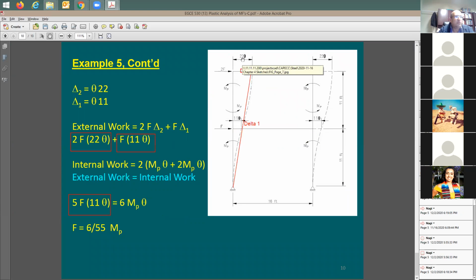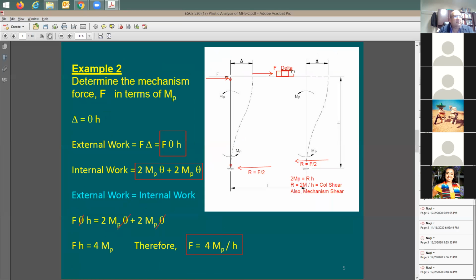The displacement here is going to be 22 theta. Now, you don't multiply by 2. You don't say I have 2 columns, because it's going to be one displacement, very similar to this concept. It's true that when you look at it, you feel that I have one delta here, but actually it's only one delta caused by this force F.